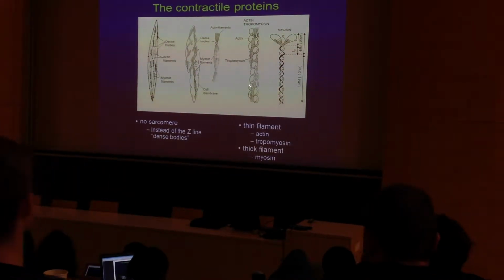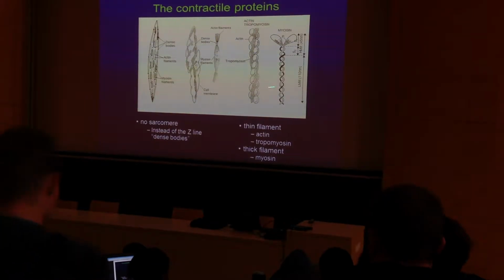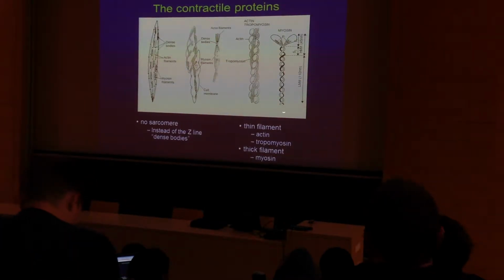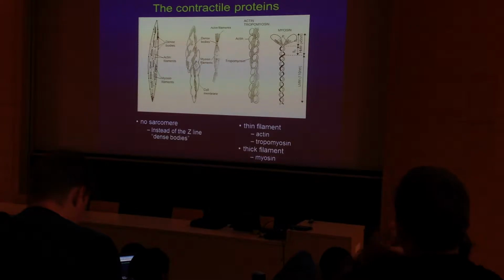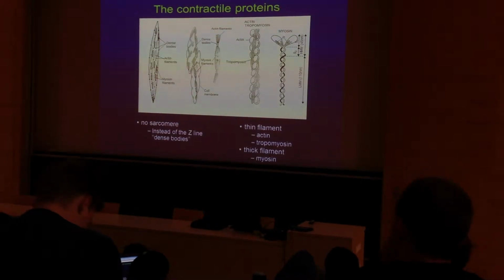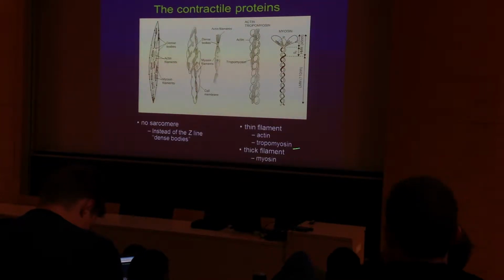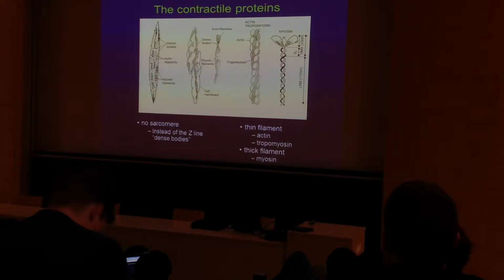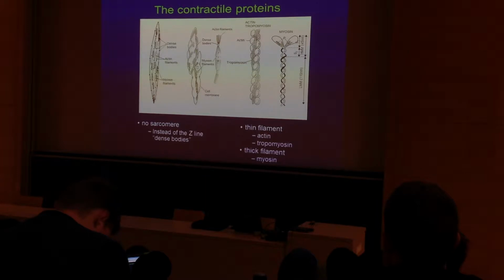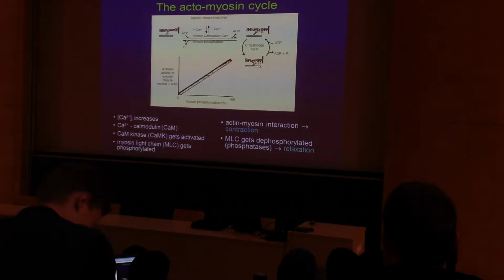So the arrangement of the thin filament, the arrangement of the myosin in its head looks exactly like that in skeletal muscle. So the question then comes, if there is no troponin, what regulates smooth muscle contraction?